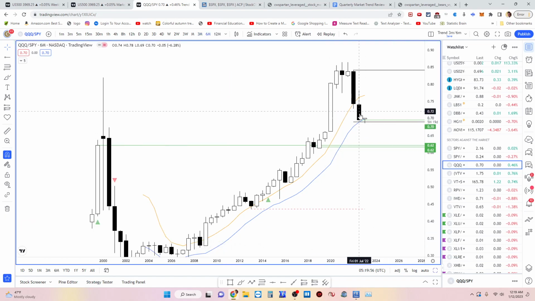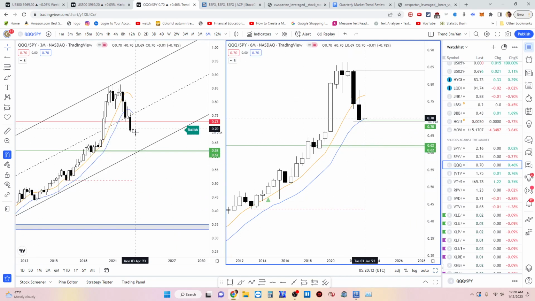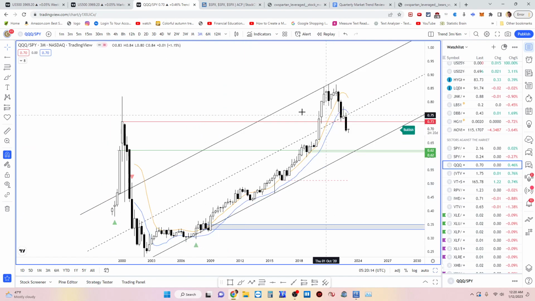The one thing that hasn't broken down here is this moving average channel on the 6 month. But we'll find out within 6 months if this is able to hold. And we're not sure. But there's a good chance that we're underneath it.